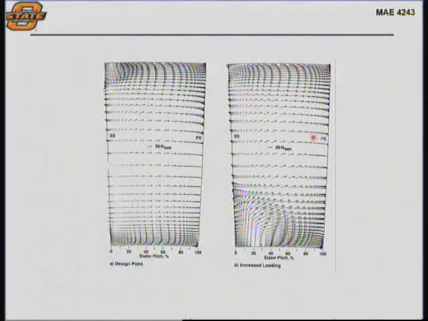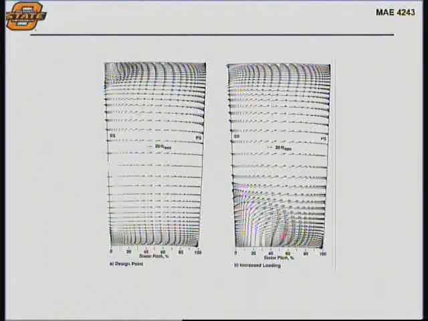You can see this, and on the right is when you have an increased loading. So we have an engine condition that has a lot of work being put into the flow. Okay, it's off design, but there's a lot of work going on, and so the secondary flows are increased dramatically, and you can see that in the CFD, and obviously this is measured as well, in terms of we know that this is supposed to happen and we can predict it.